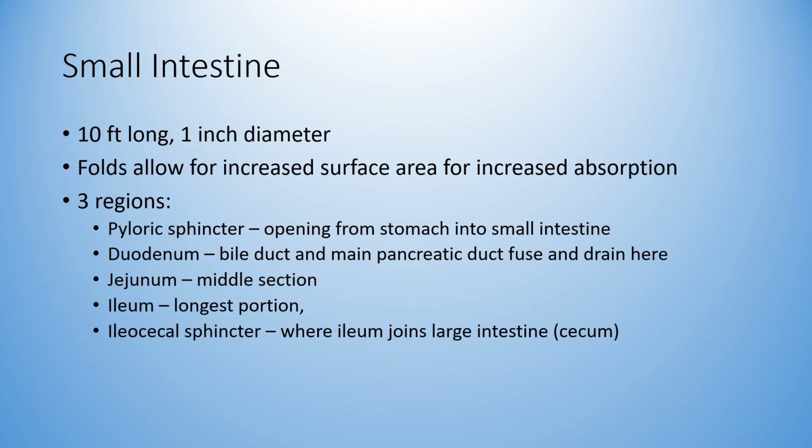And that's going to be assisting with those digestive juices together that are helping to then break down the lipids and the carbohydrates. The jejunum is the middle section, and then the ileum is the last section, and that is the longest portion. The ileocecal sphincter is where the ileum joins the cecum, which is part of the large intestines.